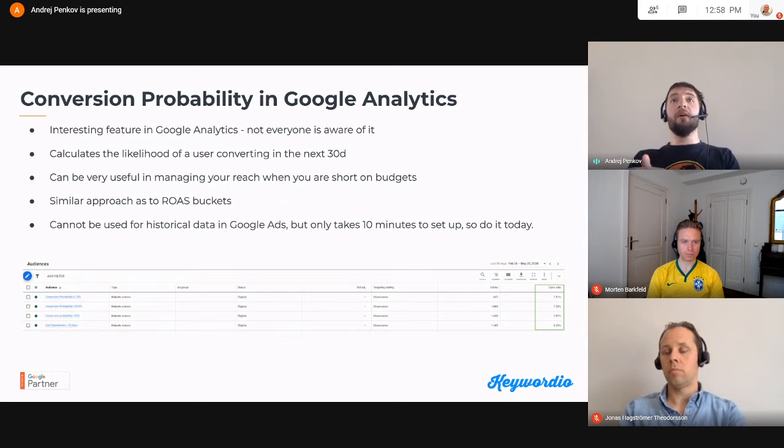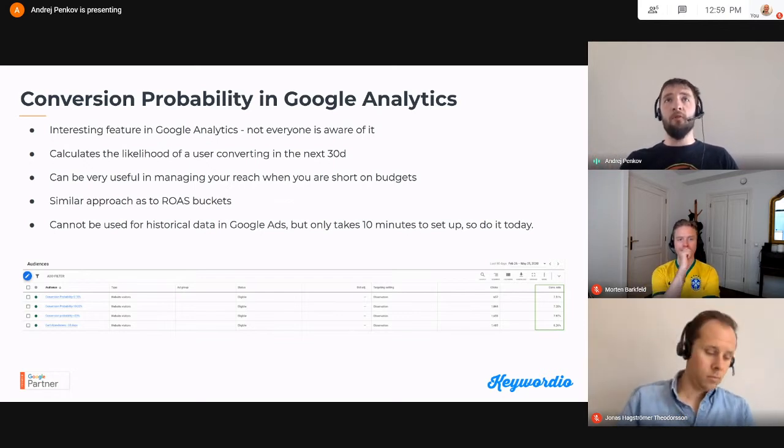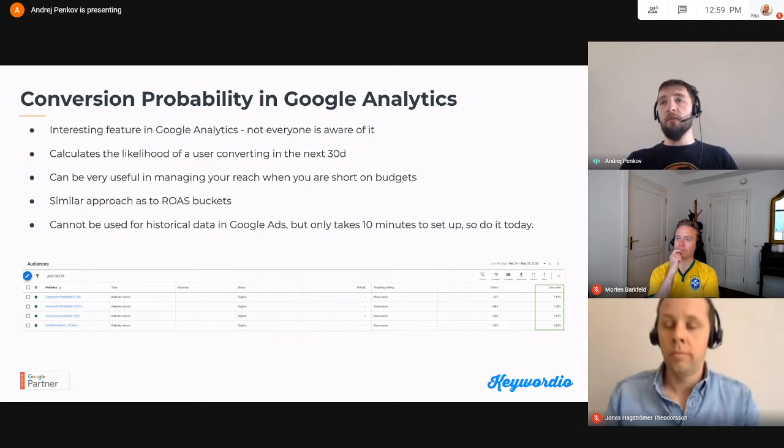But what is available to everybody here who has a Google Analytics account, and I do hope everybody has it, is a conversion probability feature, which they rolled out a few months ago, but surprisingly few advertisers make good use of it. What it does is calculate the probability of a particular user converting in the next 30 days.